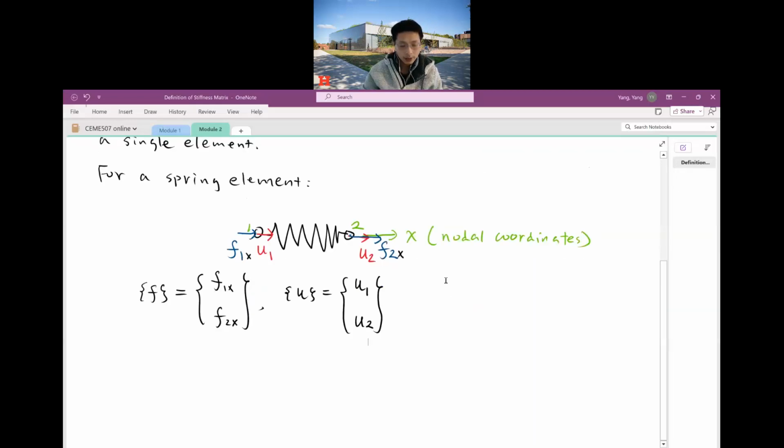This is for a spring element. So how about k? The k remains unknown for us to determine. After this, in the same module, we will discuss the theoretic procedure to figure out what the elemental stiffness matrix looks like for the spring element. Okay, so this is a spring element.